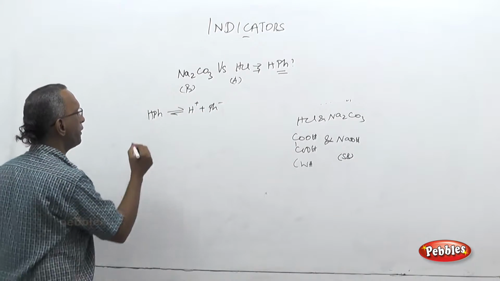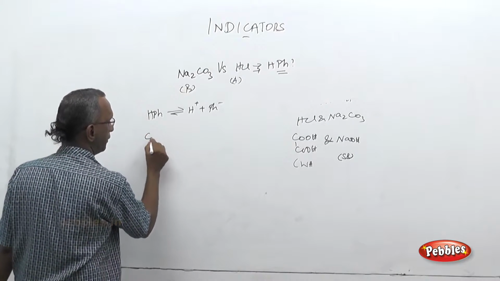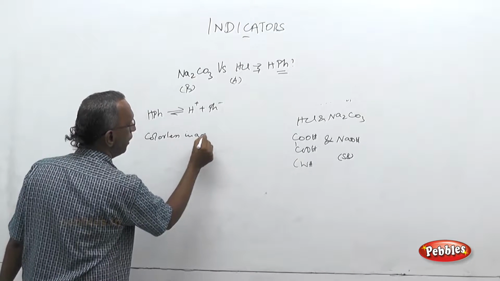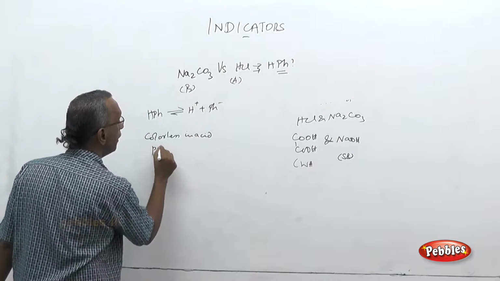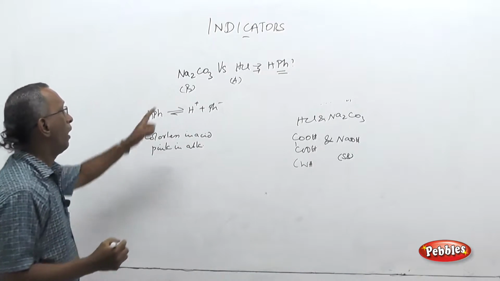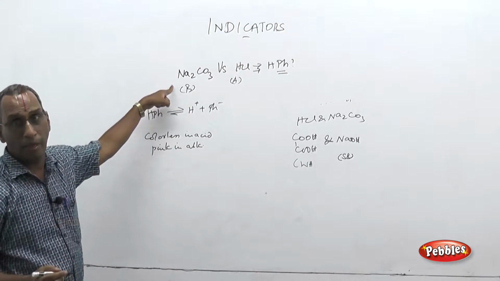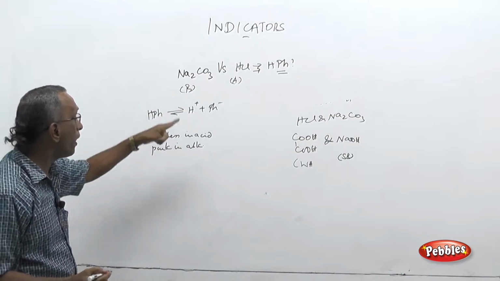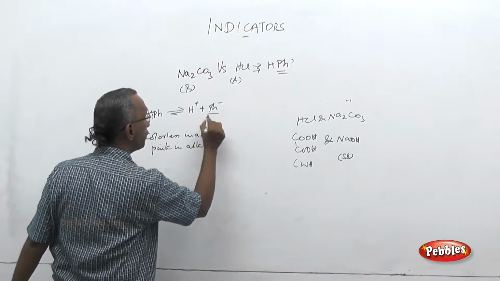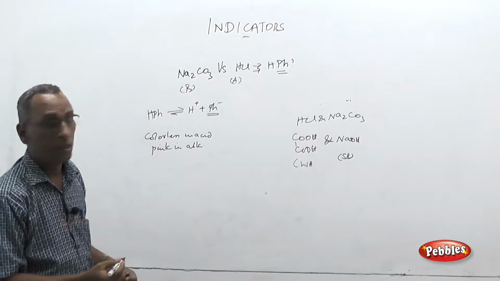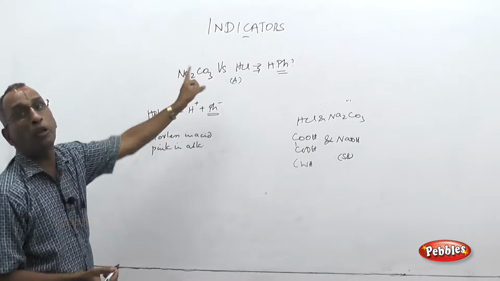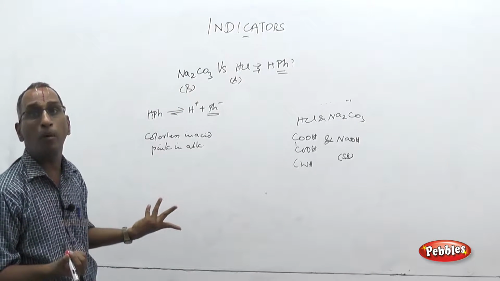Phenolphthalein is colorless in acid and pink in alkali. Here the alkali is sodium carbonate. It is to be noted how the pink color is generated: it is generated because of the phenolphthalein anion. So it will not be so pink if it is put in sodium carbonate. So there will not be a color change.